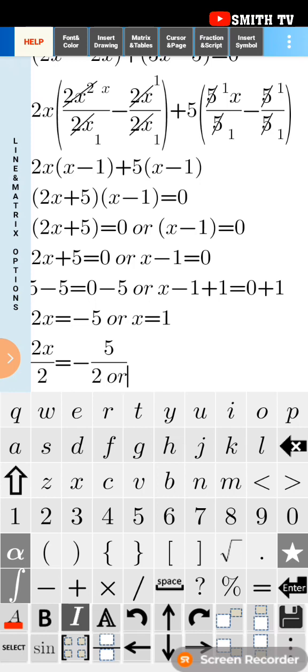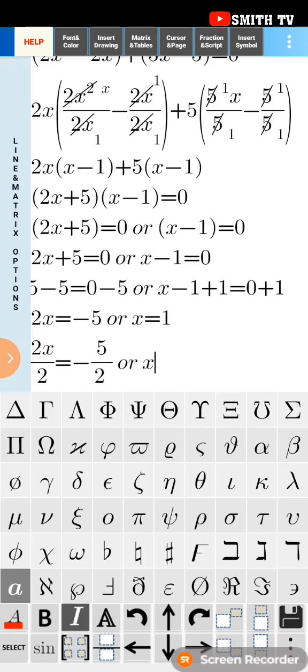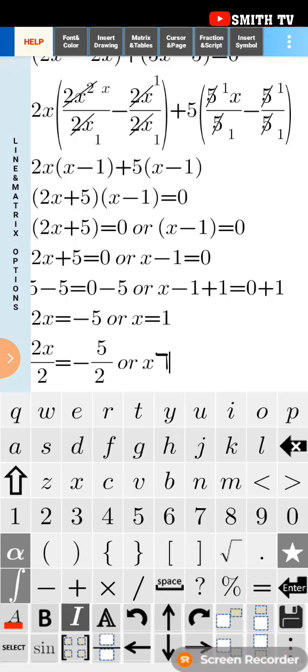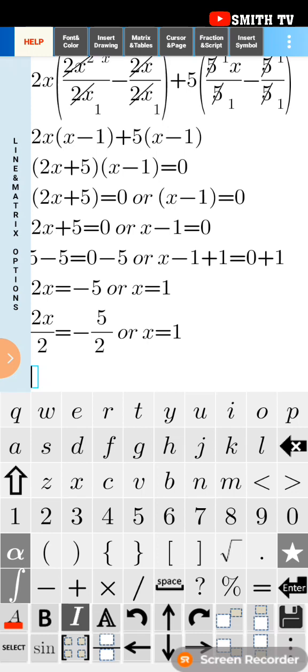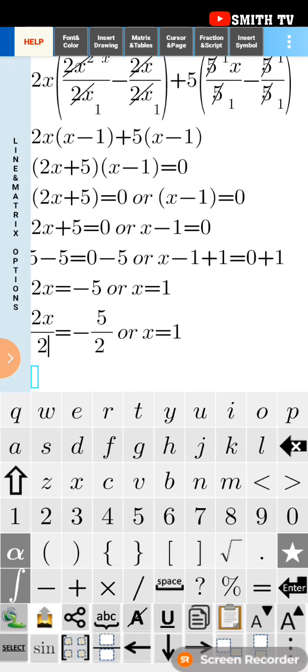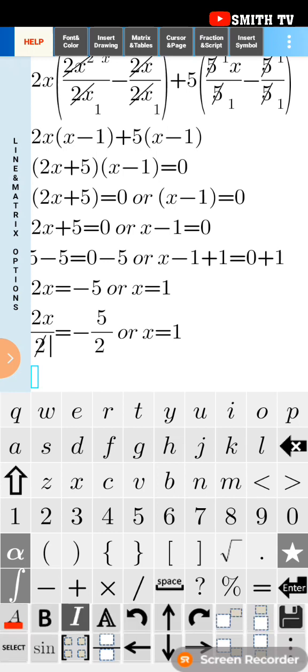So I have my other equation, x equal to 1. So I'm dividing already. So I'll just divide both sides here. 2 here gives me 1.